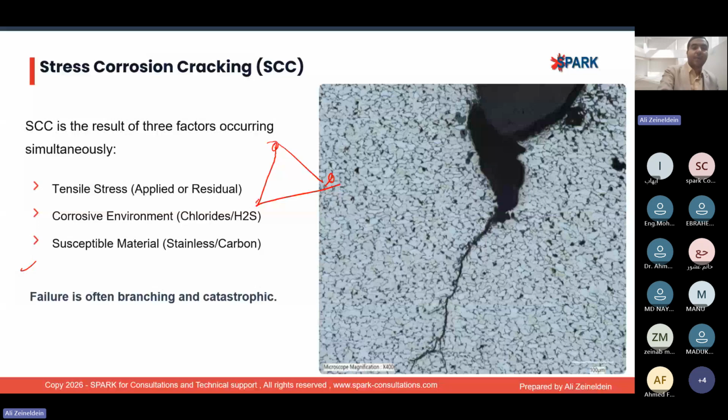We also explained the residual stresses coming from the weld, or applied stresses coming from the internal pressure, or hoop stresses due to internal pressure. Finally, we can see in our facilities some stress corrosion cracking, in the form of cracking. This cracking may be branched, and may finally lead to a huge or catastrophic failure.